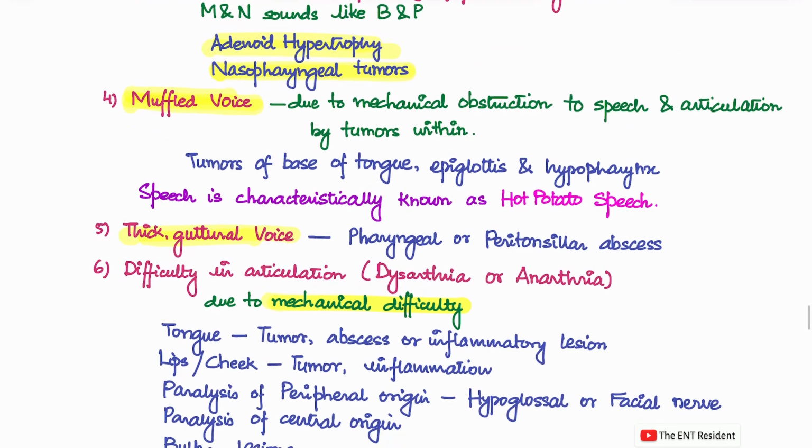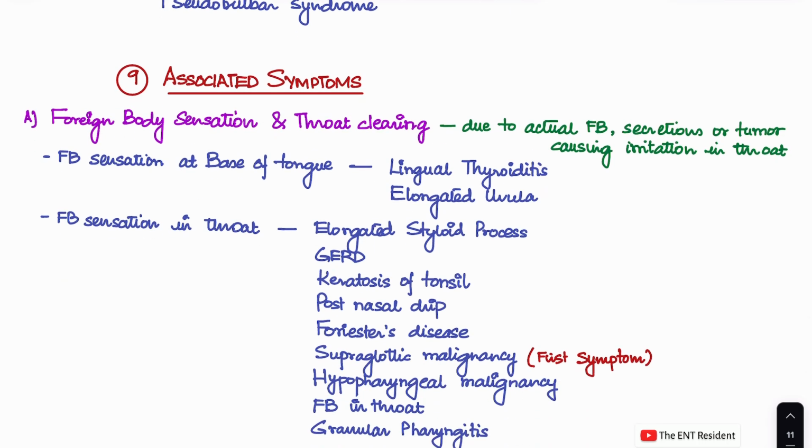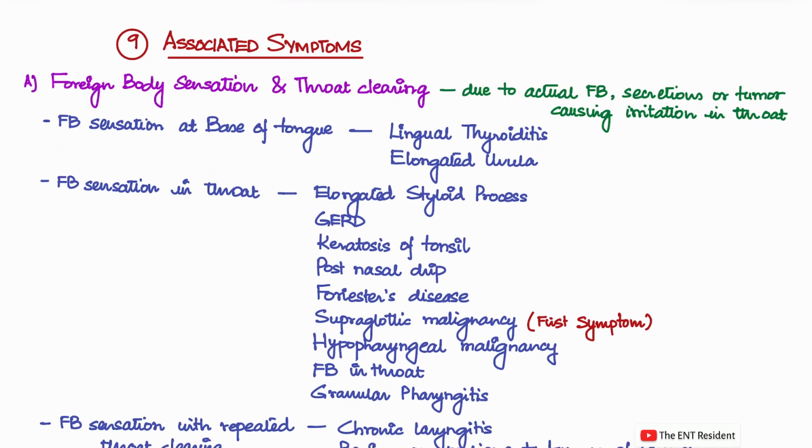Next, we'll move on to discuss the associated symptoms. And I'll discuss just a little bit about each such symptom. So, the first one is foreign body sensation and throat clearing. This happens because it could be either there's an actual foreign body in there, which is leading to a foreign body sensation, or it could be because of some secretions or tumor which is causing irritation in the throat.